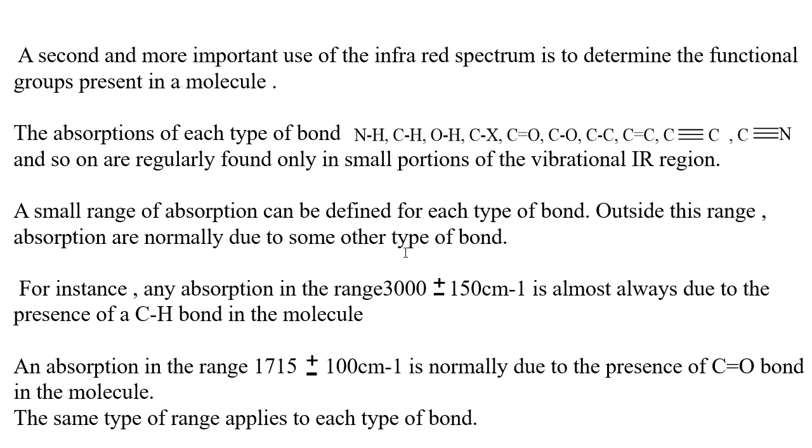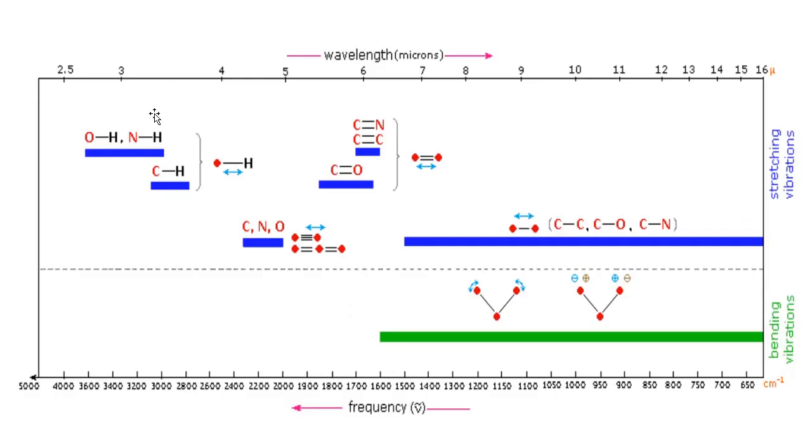See, in this chart you can see the approximate range of absorption of each of these functional groups. For example, you can see the C double bond O functional group absorbs in the range of around 1675 to about 1880 centimeter inverse.